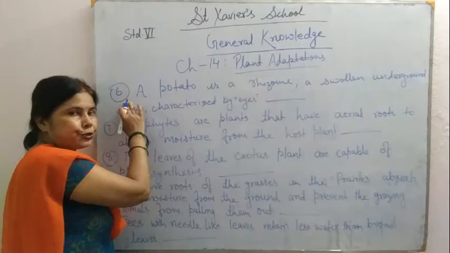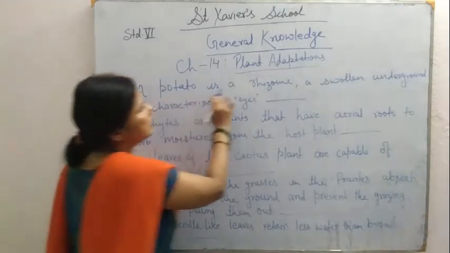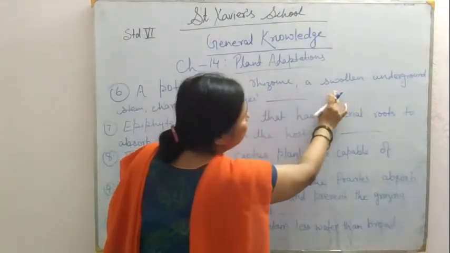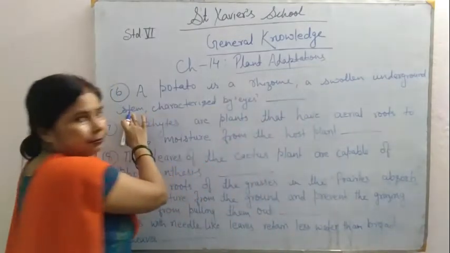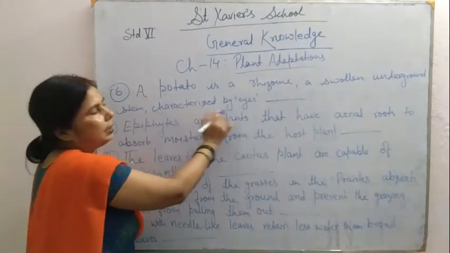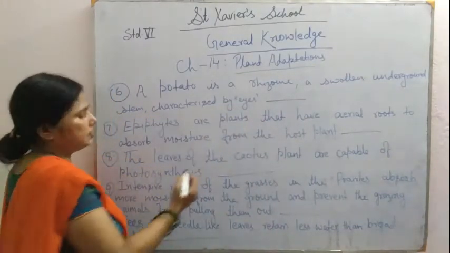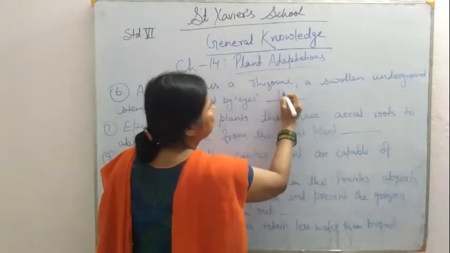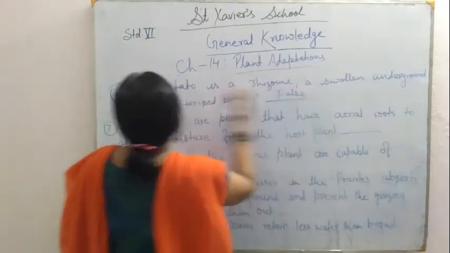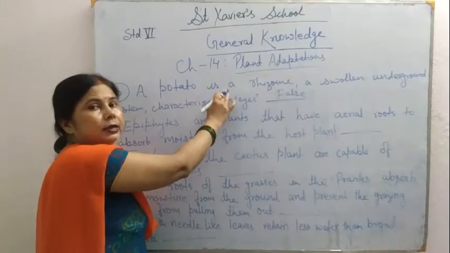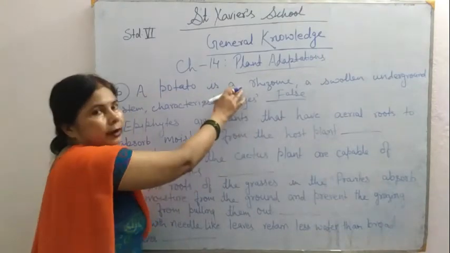Now, sixth question. A potato is a rhizome, a swollen underground stem characterized by eyes. This is a false statement. False. A potato is a tuber, stem tuber, not rhizome.